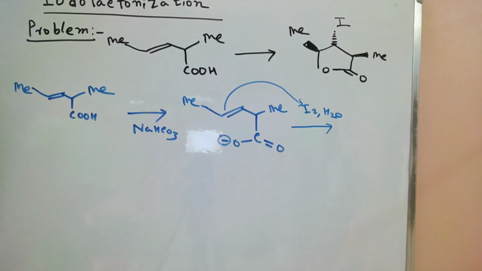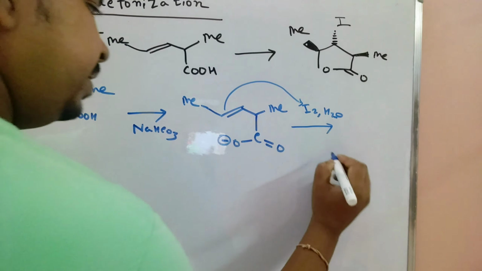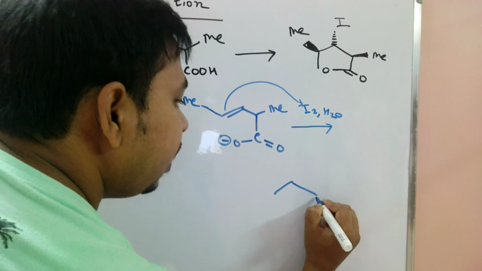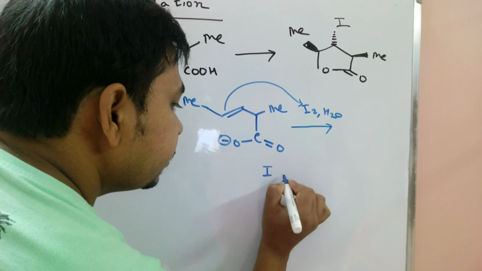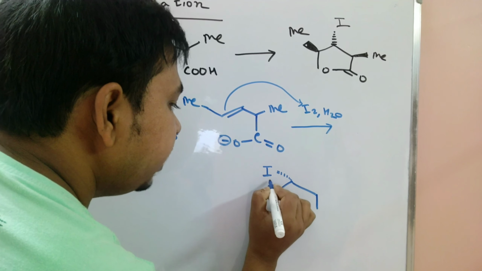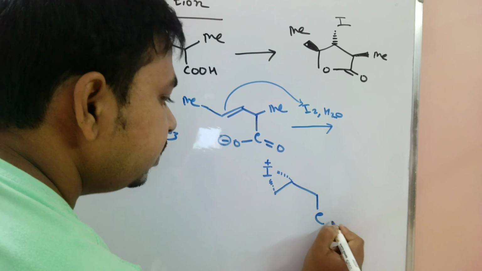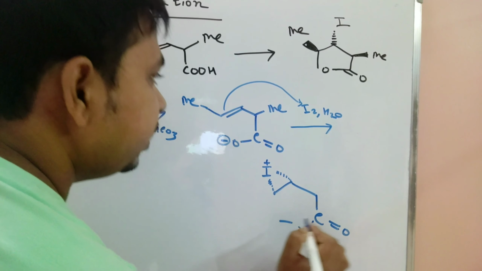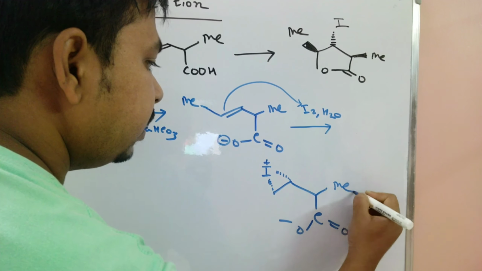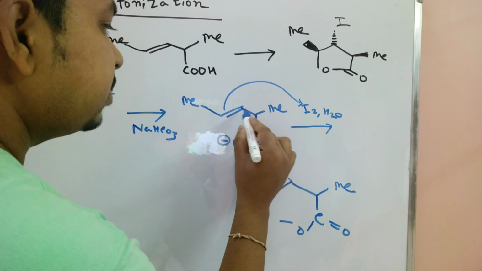here. Now the iodonium step, we also draw the iodonium step. So this one is downside, plus, and then C double bond O minus is formed here, and then this one is trans configuration.